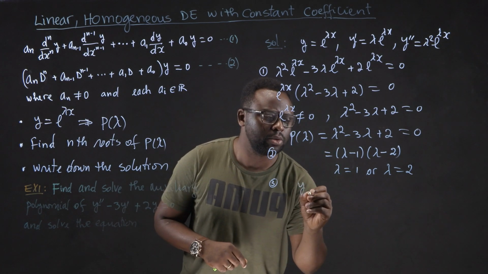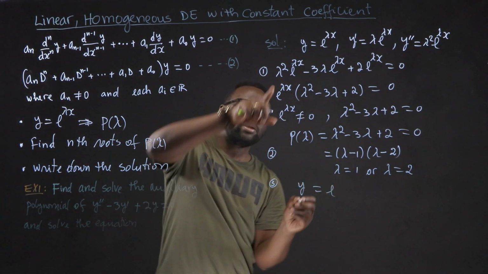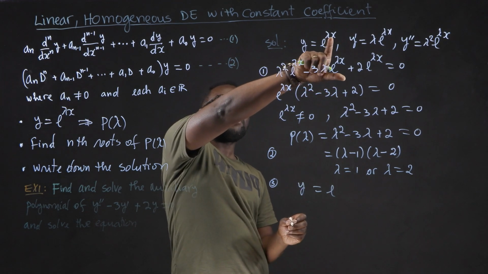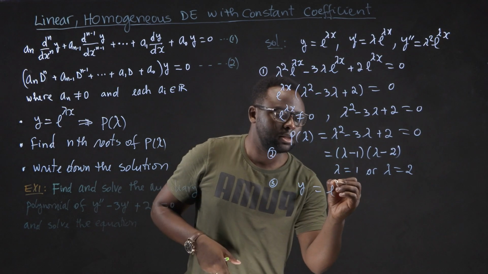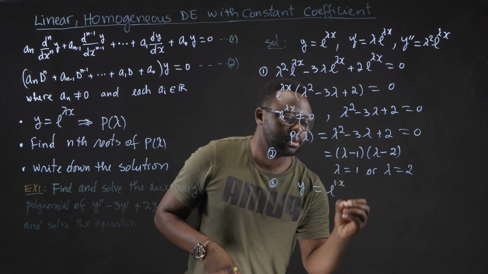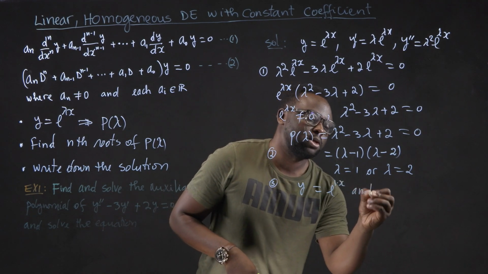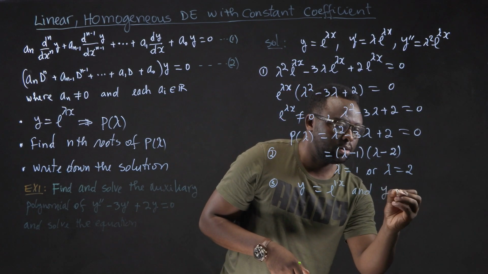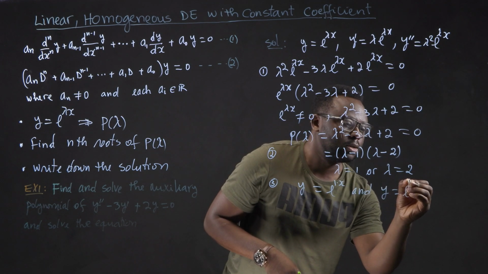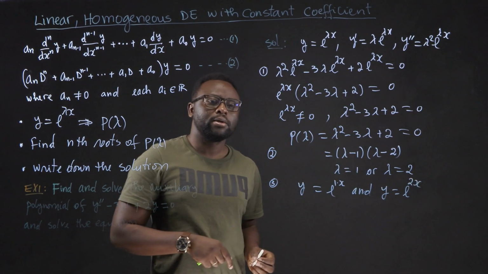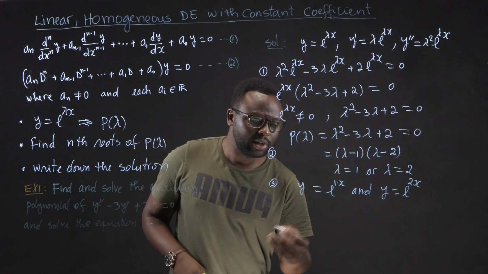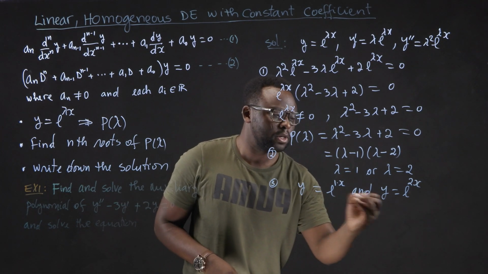One solution here is, if we substitute lambda by 1, e to the power 1 times x. And another solution here is y equals e to the power 2x. Okay? So the general solution is just a linear combination of these two.